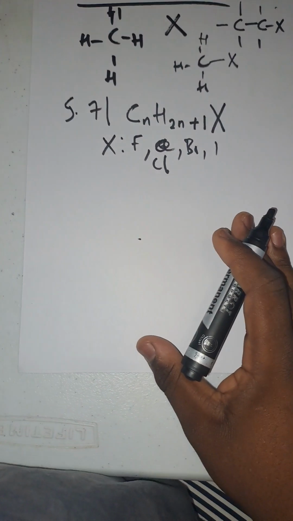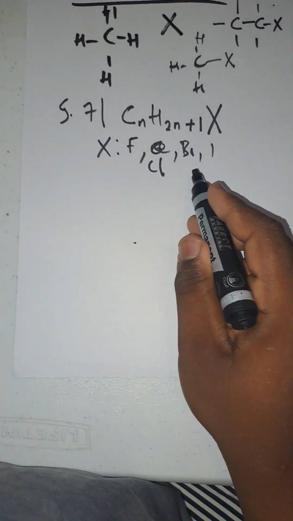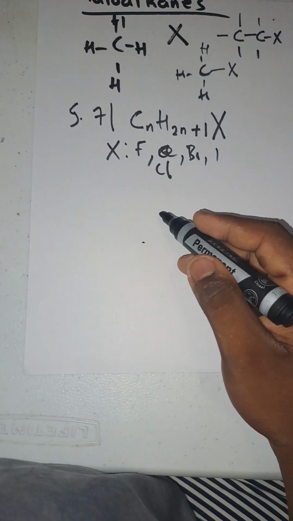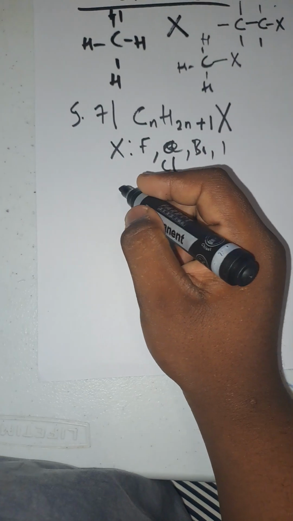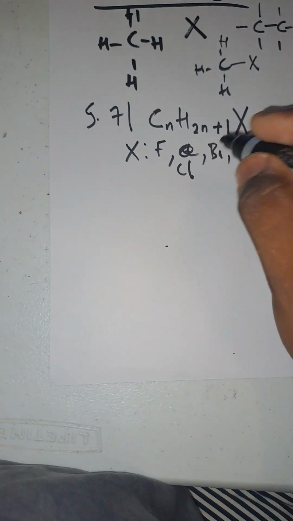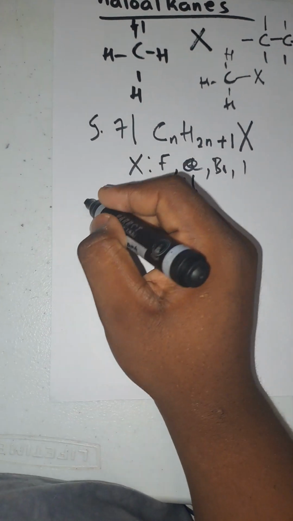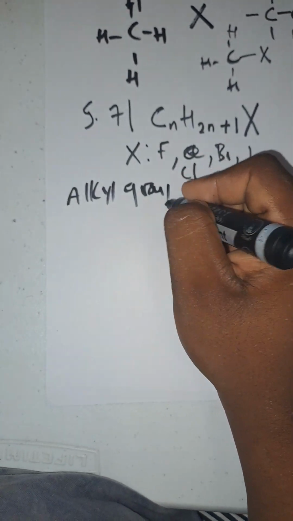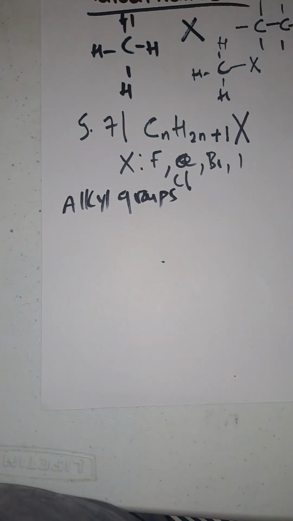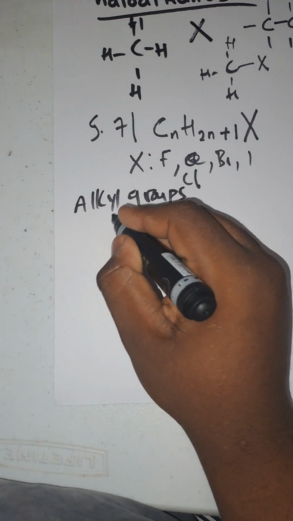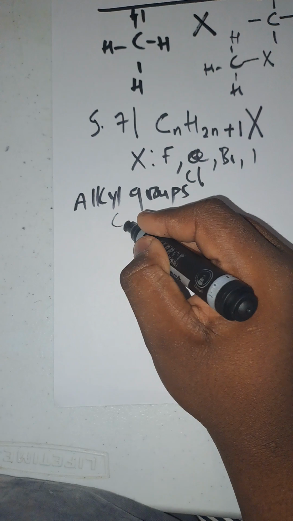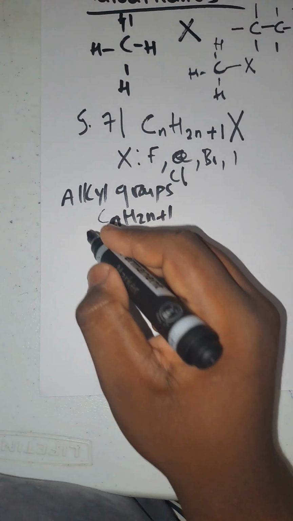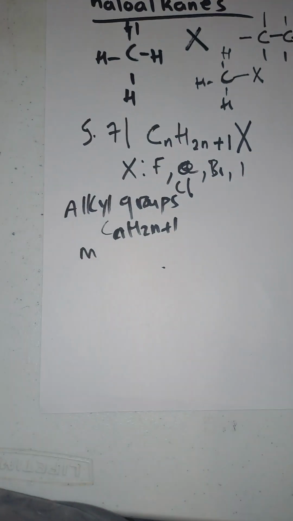Now let's start. I'm going to use the halogen atoms as my example. Fluorine, chlorine. But before I start, let me start with alkyl groups. Alkyl groups have the general formula CnH2n+1. We have meth, which is for 1 carbon, right?